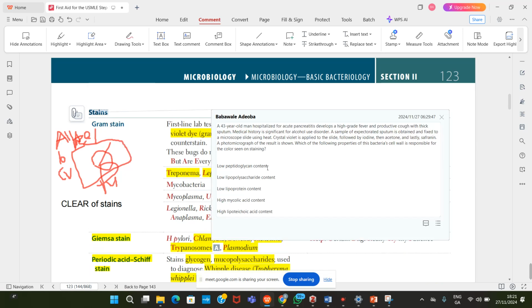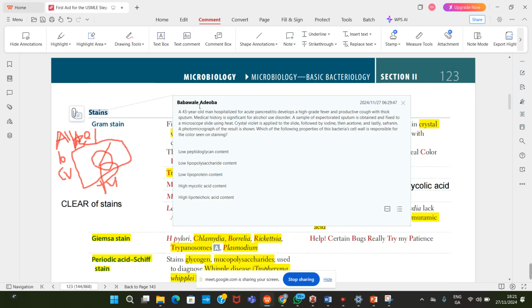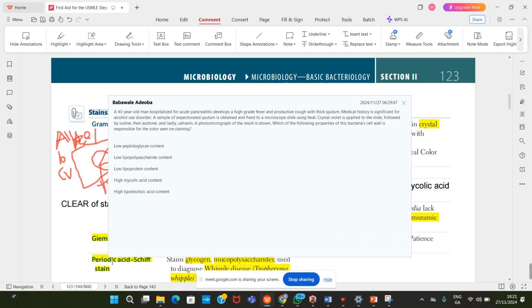Okay. A 43-year-old man is hospitalized for acute pancreatitis, and he develops a high fever and productive cough with thick sputum. Medical history is suggestive of alcohol use disorder. A sample of expectorated sputum is obtained and fixed to a microscope slide using heat.